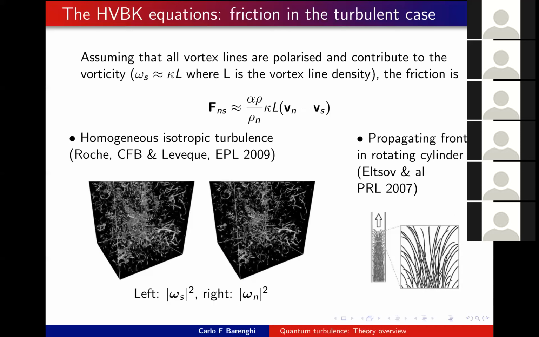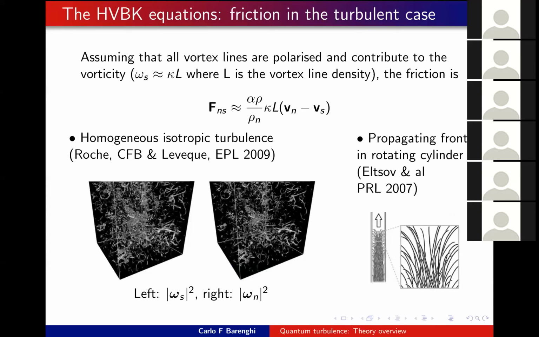There is some friction coefficient, alpha. There is a difference of the large-scale velocity fields. There is this quantity L, which is the vortex line density, the vortex length per unit volume.